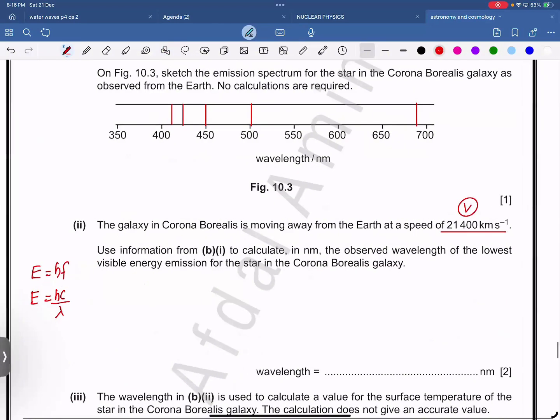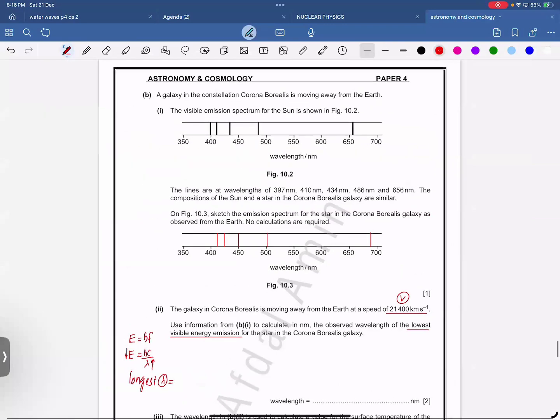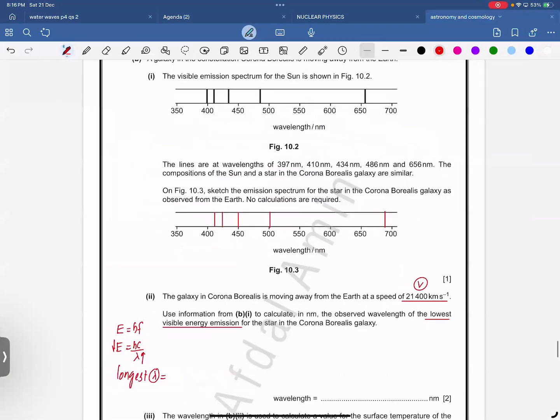So now they are asking for the lowest energy. Lowest energy means the wavelength is longest, my dear. Lowest energy, longest wavelength. Which was 656.